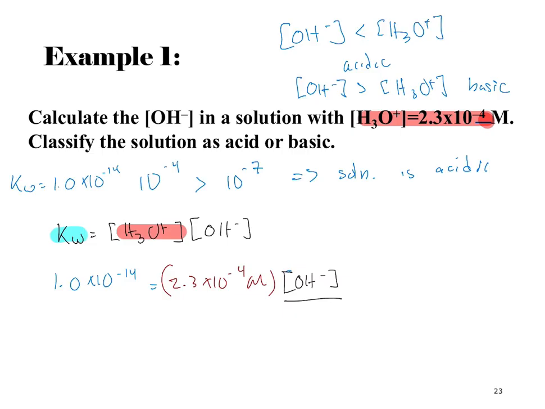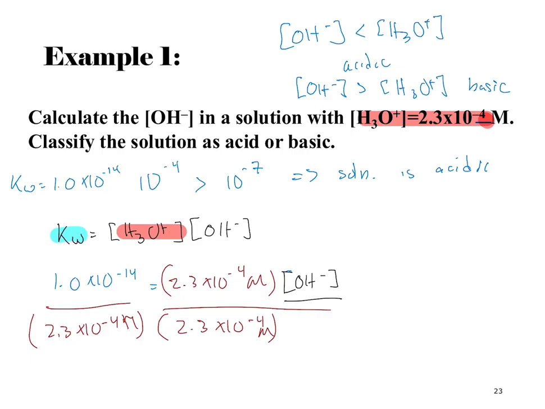And I just have to isolate this, right? I divide both sides by my H3O plus concentration, 2.3 times 10 to the minus 4 molar. These cancel out on the right side, and this becomes OH minus is equal to... I should use my calculator.